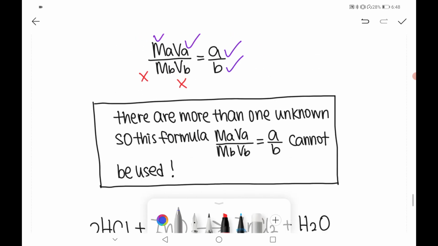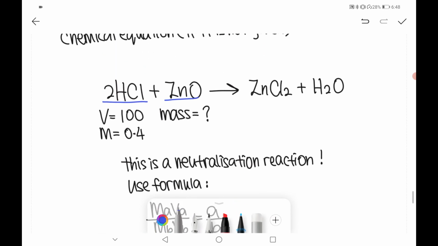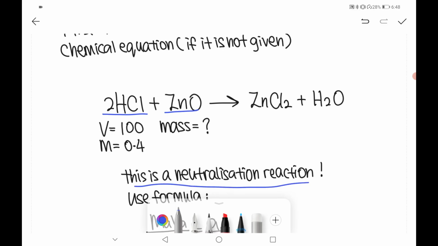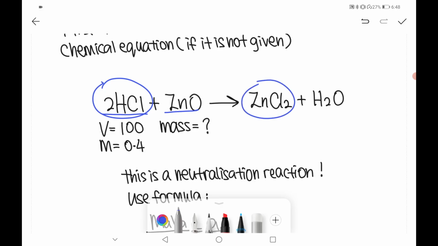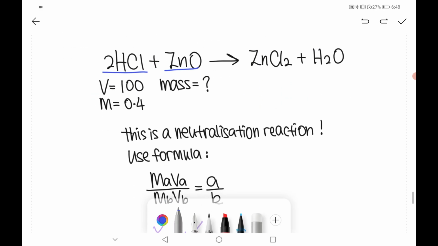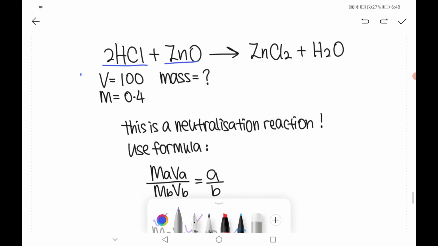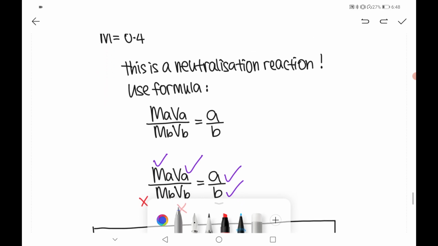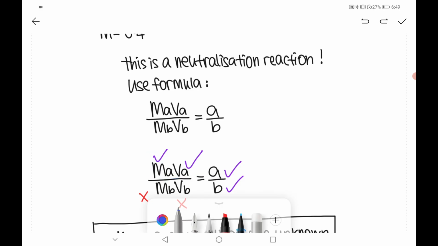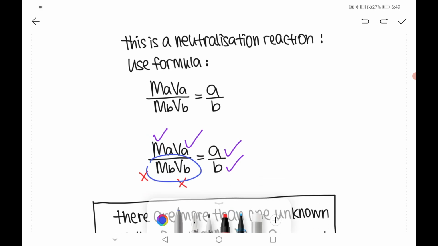All right. So now the next thing. Same thing, is this a neutralization reaction? This is a neutralization reaction because we have acid and then we produce salt and water. When we have acid and you produce salt and water, this is a neutralization. So although this is a neutralization reaction, if you use the formula MAVA, MBVB equal to A over B, you will find that for the acid, you know the volume and concentration, but for the alkali, you know nothing.